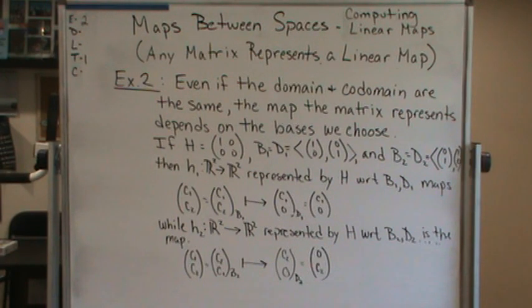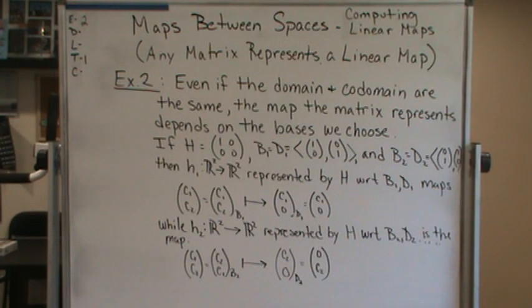Now, when we are working with a matrix, but we do not have particular spaces or bases in mind, then we could take the domain and codomain to be Rn and Rm with the standard bases. And this is convenient because with the standard bases, vector representation is transparent. The representation of the vector V is just V itself.